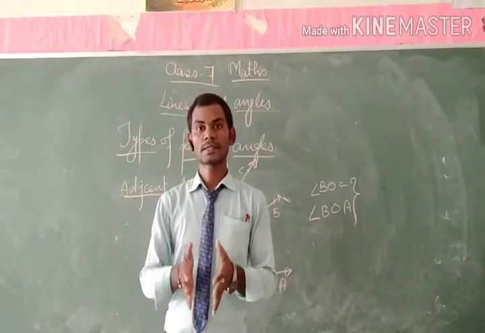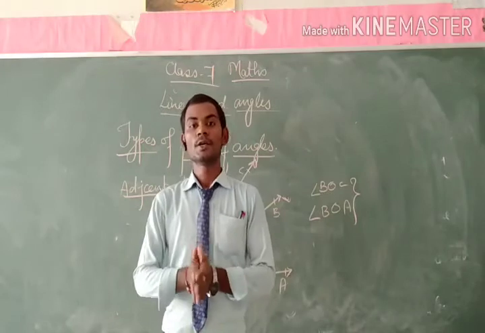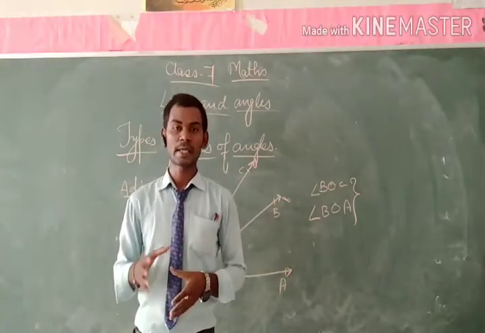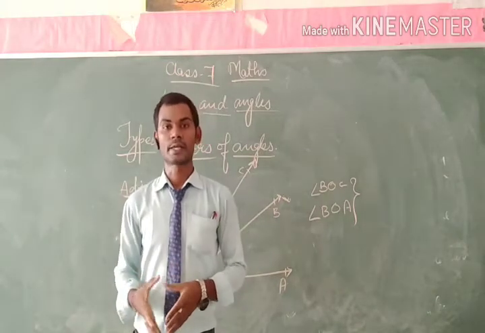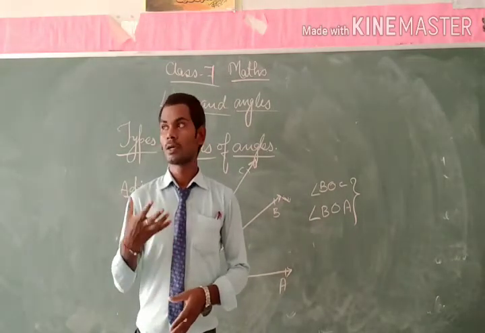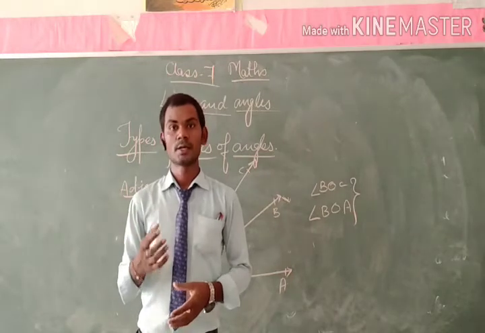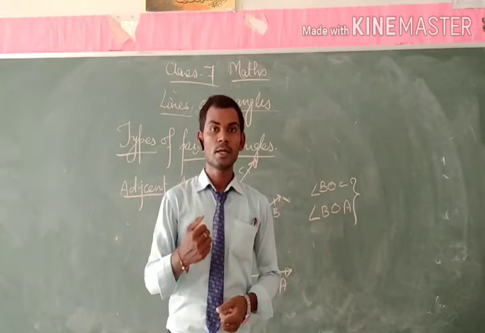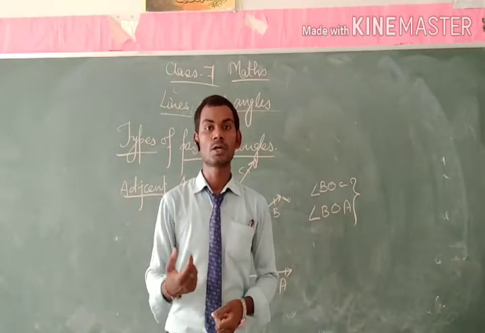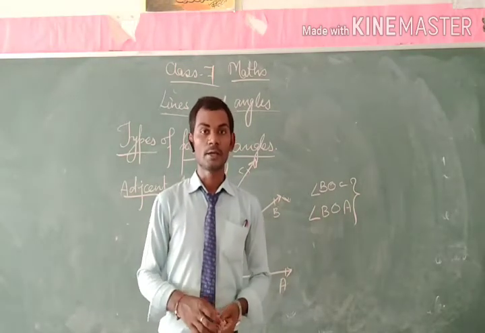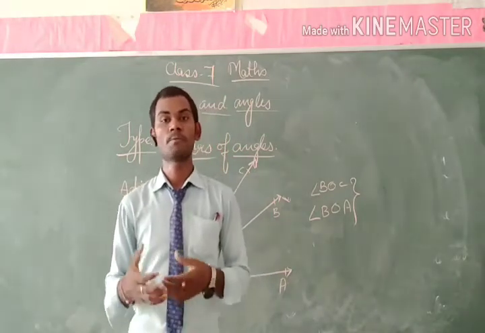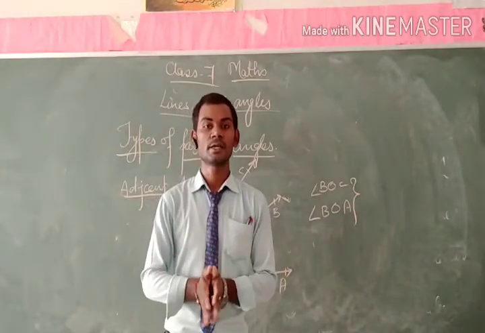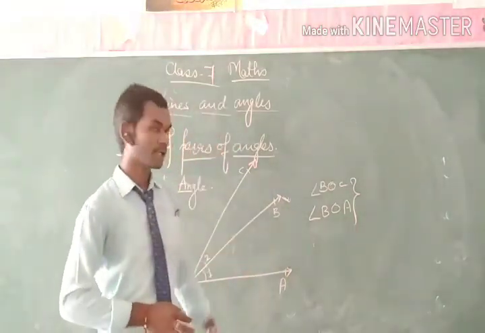Two angles are said to be adjacent angles if they have one common side, that is an arm, and one common vertex, that is the corner point, and the other sides lie opposite to the common side. Such a pair of angles is known as adjacent angles. I hope it is clear to everybody.